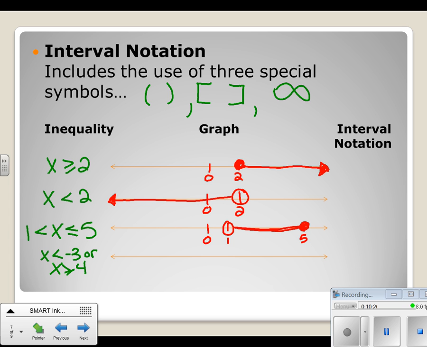And then we have -3 involved here, and we have a 4 over here. X is less than -3, so open, shaded left. Or x is greater than or equal to 4, closed, shaded right.